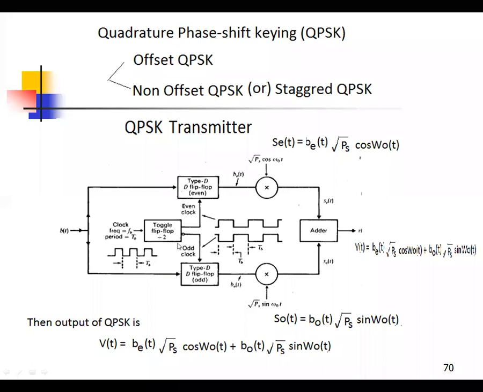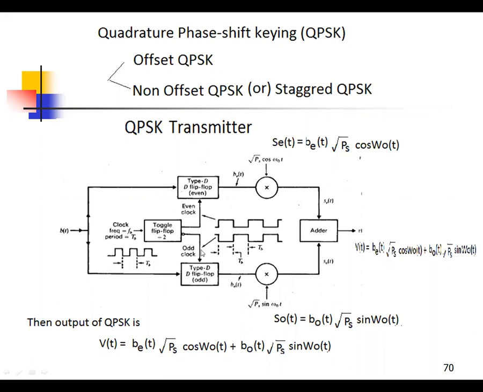So one more important note: while drawing the block diagram, on the T flip-flop output for the odd clock, please make a small knot, a small bubble there. The knot indicates the inversion of the other one.